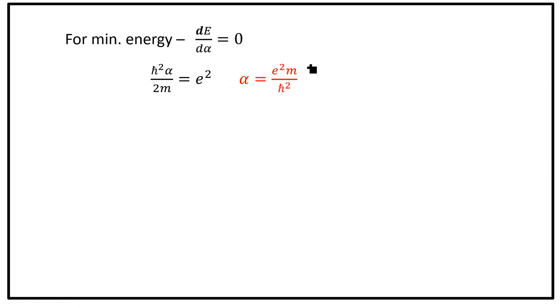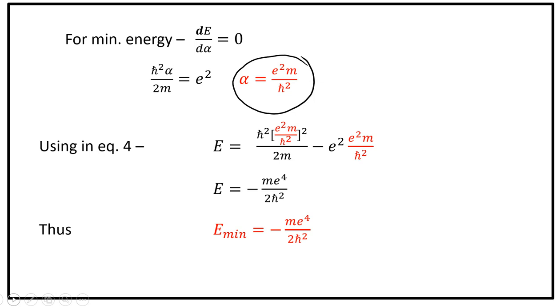So the value of the variational parameter alpha is m e square upon h cut square. Now putting in the energy equation, you will get the minimum energy for the variational parameter, minus m e to the power 4 upon 2 h cut square, equal to this. This is the end of my lecture.